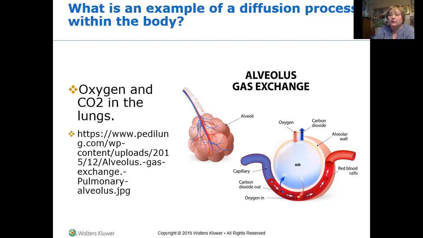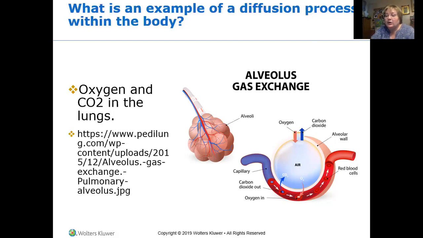We need oxygen in order to live. For all of our body processes, our tissues need oxygen. That oxygen is carried through the blood on the red blood cells and goes through the body. Our body picks up that oxygen, uses it, then puts the waste product back into those red blood cells, and then CO2 is carried.